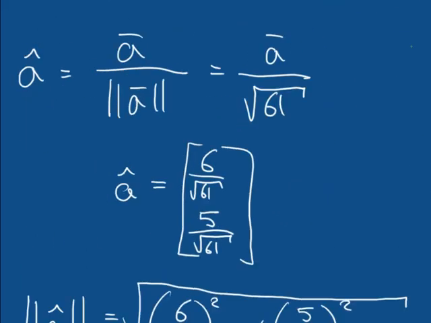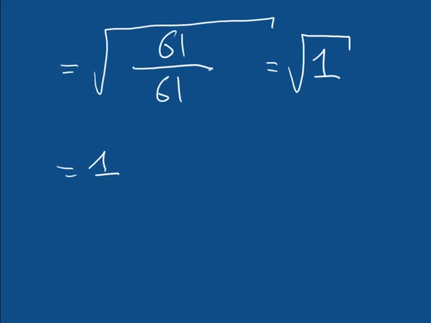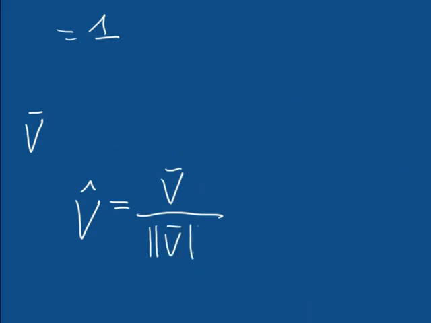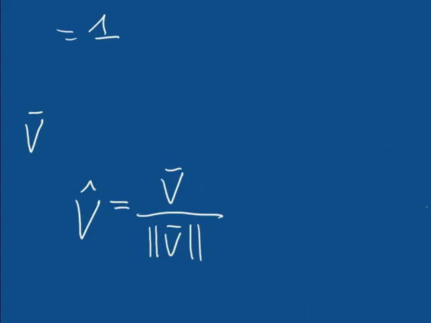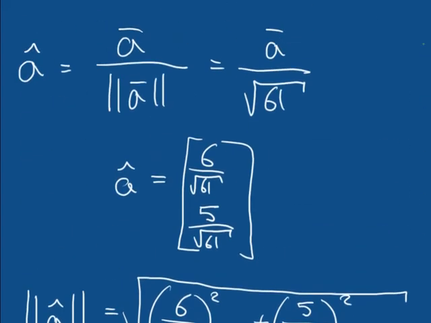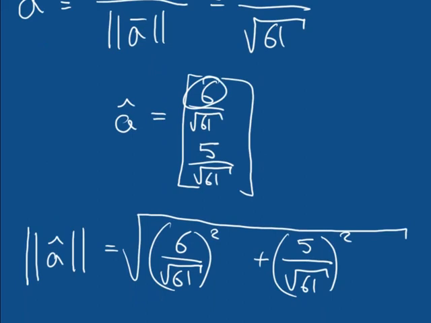So to recap, if we have any vector v, to calculate the unit vector in the same direction of v, to normalize v, we say that v hat is equal to the original vector divided by the length of that original vector. And hopefully you've now seen not only the equation for doing this, but how that relates in terms of actually working it out. We take each of the components and divide each component by that original length.